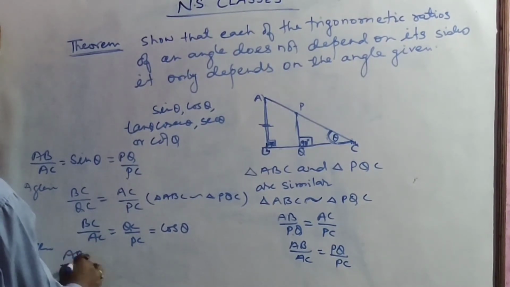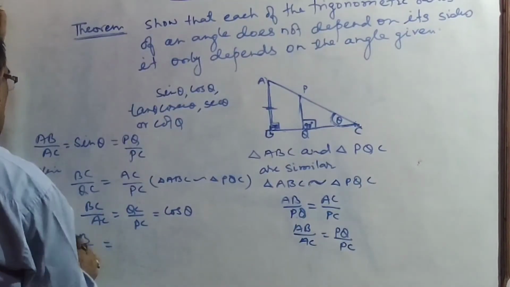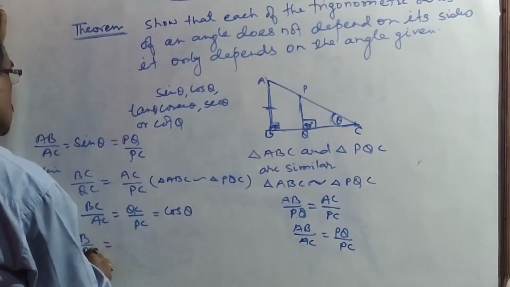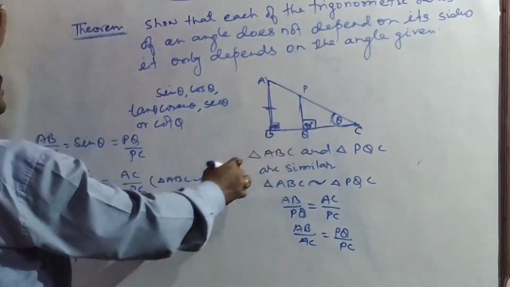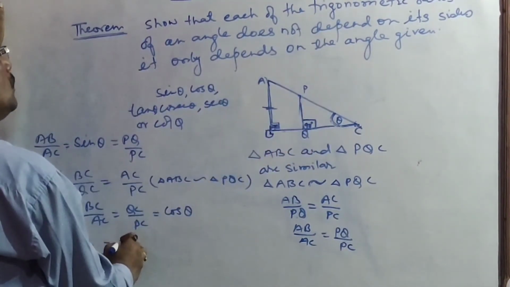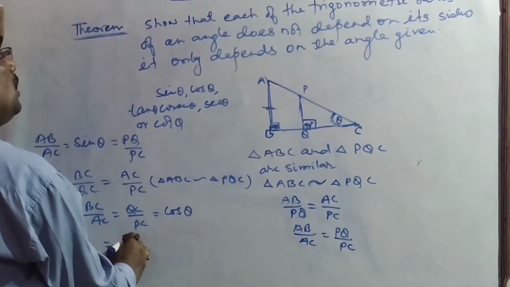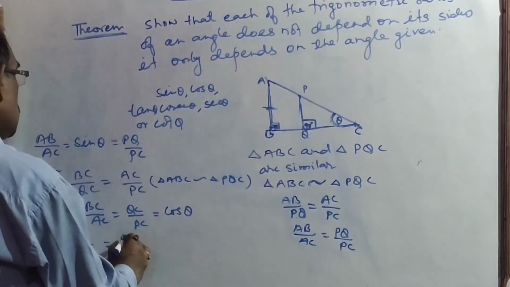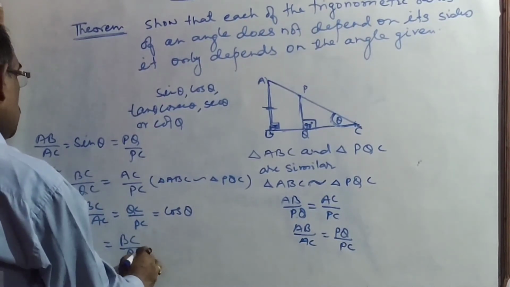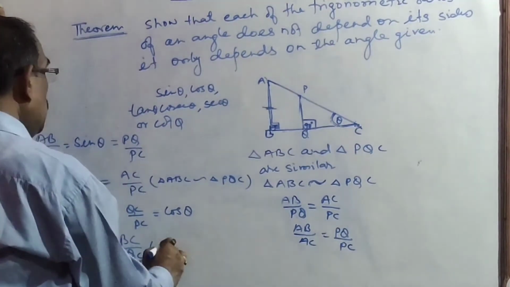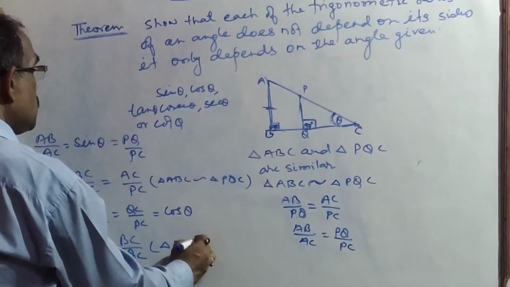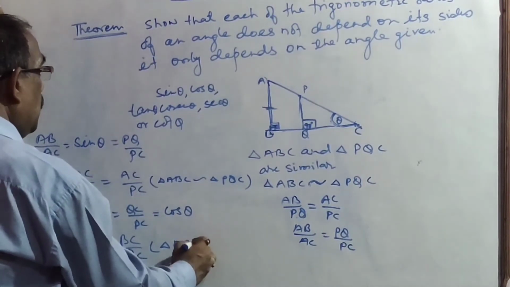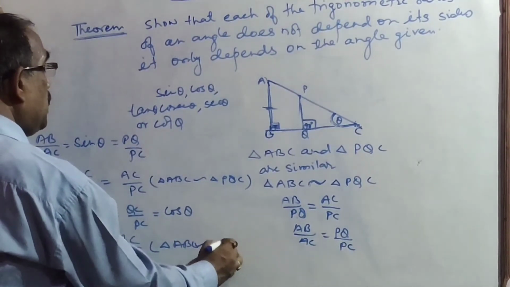Now let us learn another thing. We can write AB by PQ is equal to BC by QC, because triangle ABC is similar to triangle PQC.